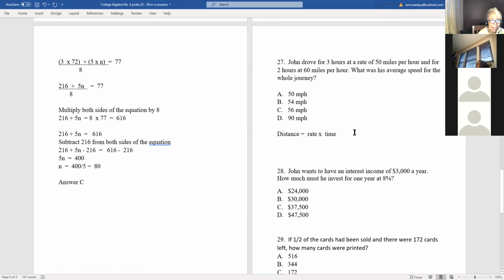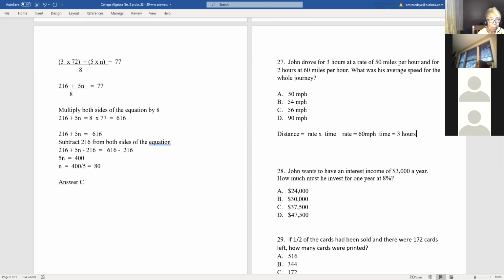Let's do it like this. I'll just give you a rate. If rate equals 60 miles per hour, all right? And time, let me give you a time. Time equals 3 hours.